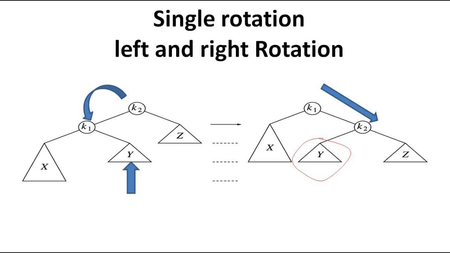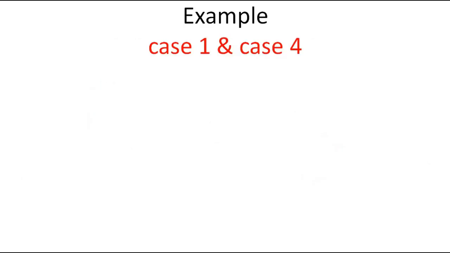The rest of the nodes stay where they are already located, X and Z. X is located on the left side of K1 and Z is located on the right side of K2, and there is no change in X and Z. So this one is called single rotation because only one node is rotated here. Then for case 1 and case 4, let's check with an example.